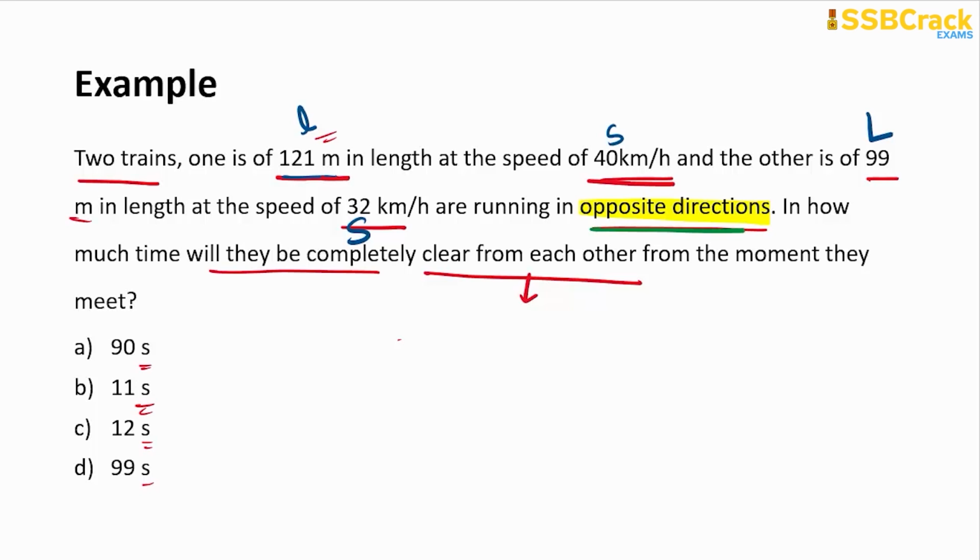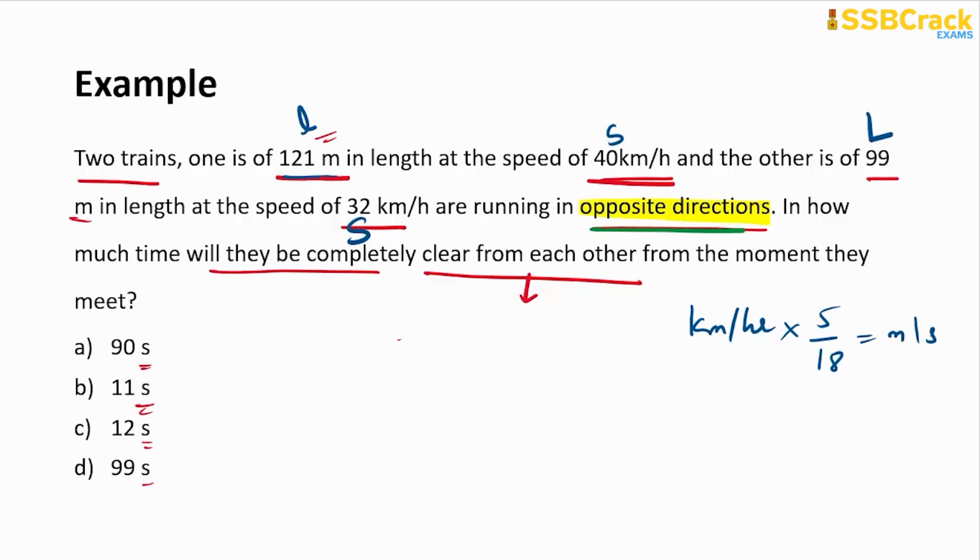Let me recall for you, I have discussed in detail the conversion factor: when you are about to convert kilometer per hour speed into meter per second, you multiply it by 5 upon 18.